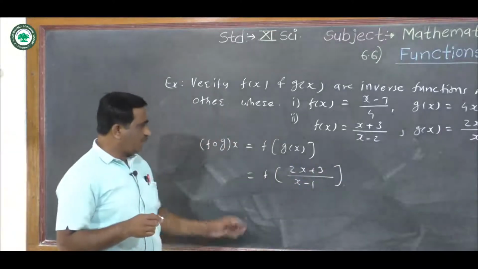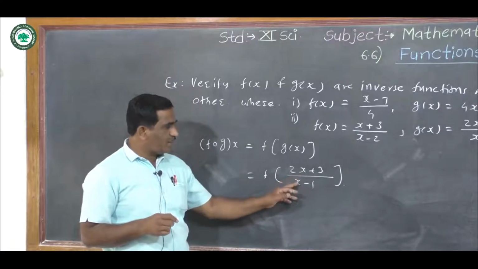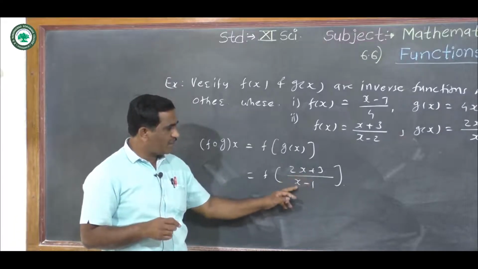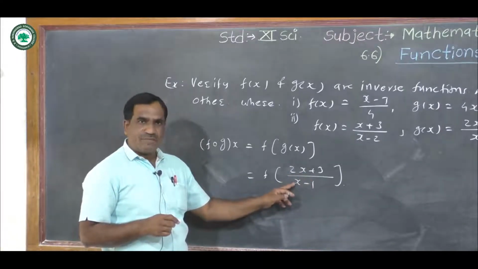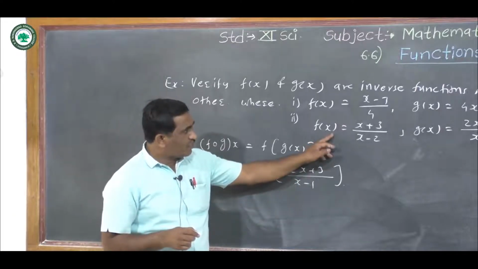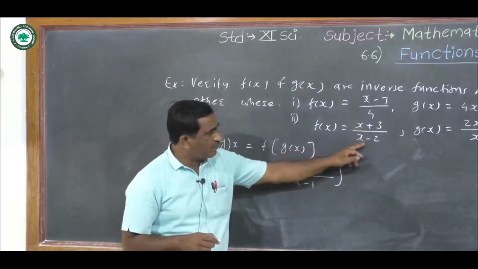Okay, then we get the function f of x, but the value of x is 2x plus 3 upon x minus 1. Now put this value of x in the function f of x equal to x plus 3 upon x minus 2.